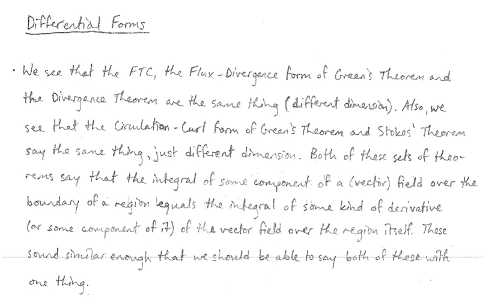But the integral of some component of a vector field over the boundary of a region equals the integral of some kind of derivative of the vector field over the interior of that boundary, over the region itself.